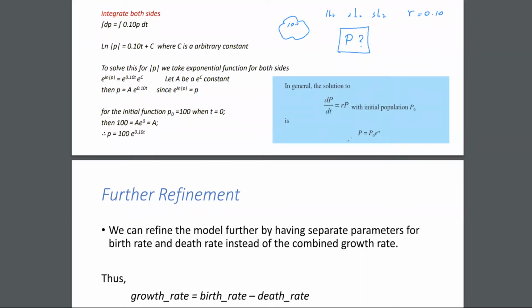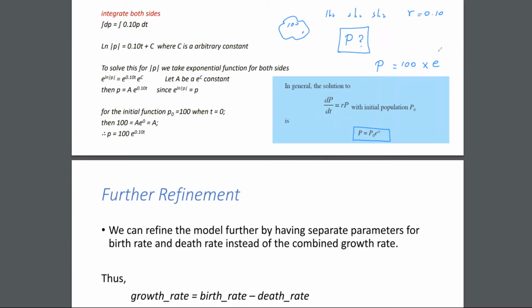You notice in this equation, it's pretty easy to calculate that, right? The total population, that's what we're looking for, will be equal to the initial population, which is 100, multiplied by e to the power of the rate of change multiplied by any given time. You can calculate e to the power with your calculator.